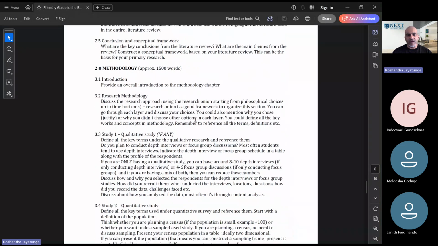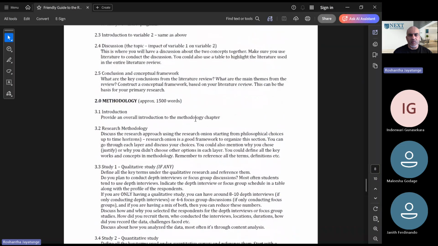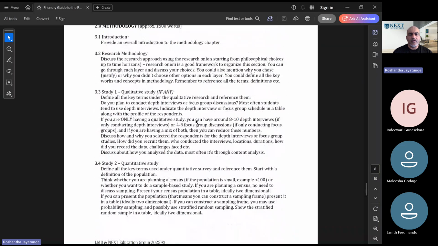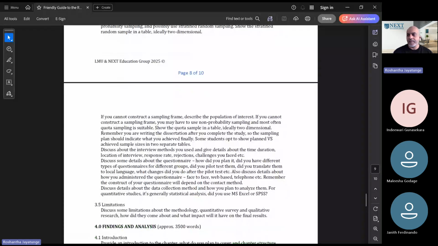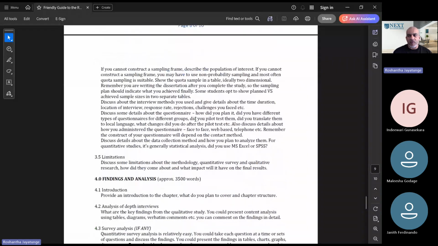Because it takes some time to collect the data, what is required at this moment is that you analyze the data and tell about your findings. Chapter 4 is more about analysis of the findings.